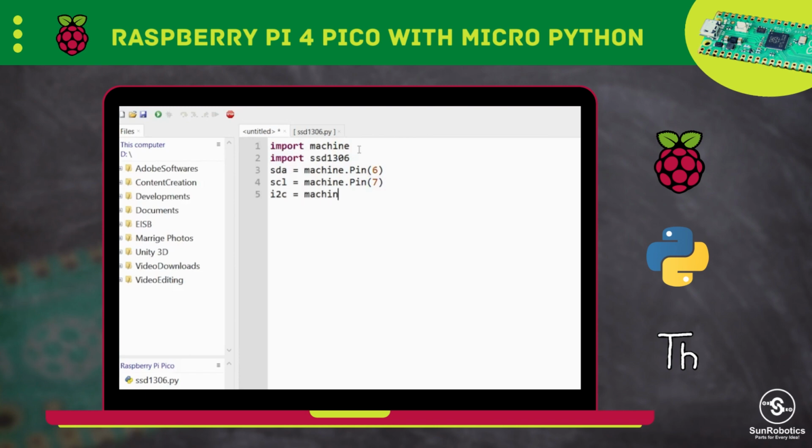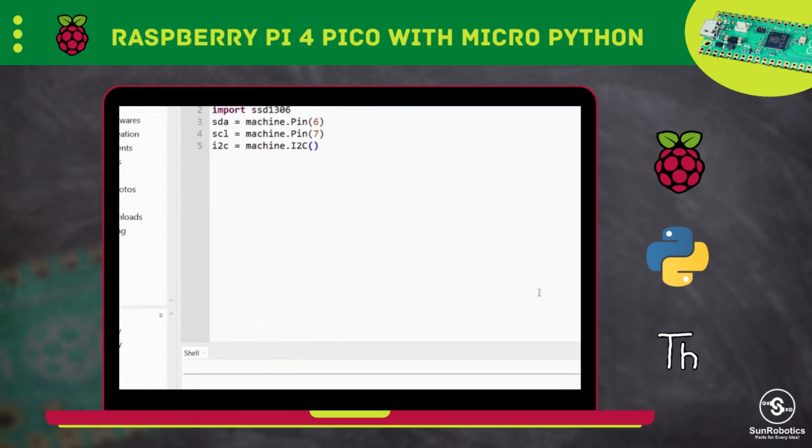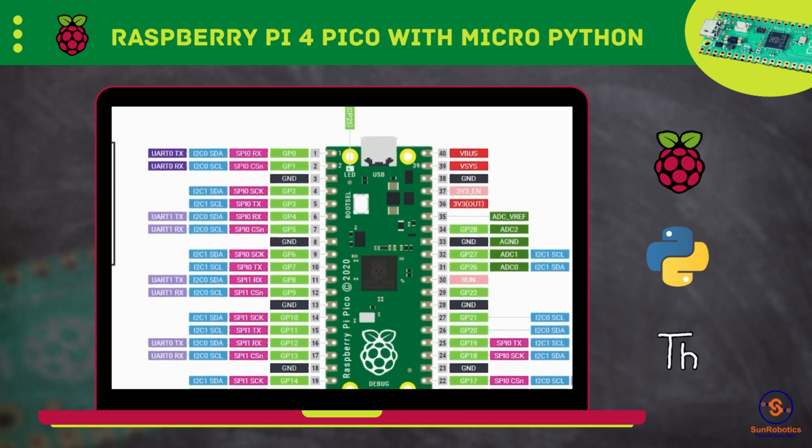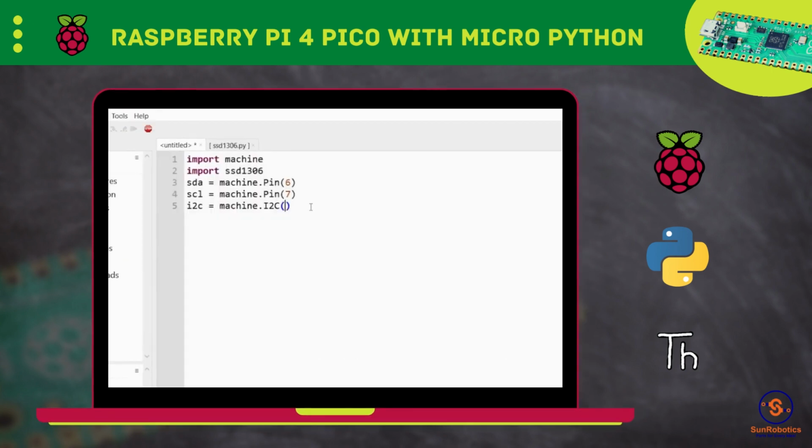Now we have to create the I2C object. So we are calling the I2C function from the machine module, and we have to pass the parameters. Since GP6 and 7 come under I2C channel 1, that is the first parameter we have to say. Here I have to say the SDA pin, which is the GPIO pin that we already created.